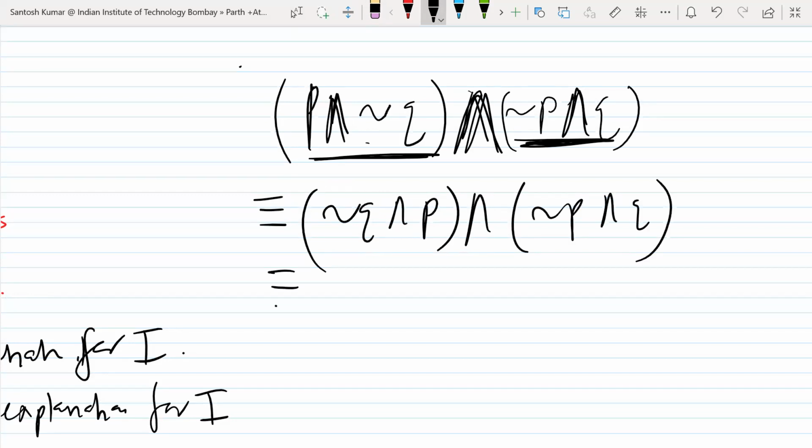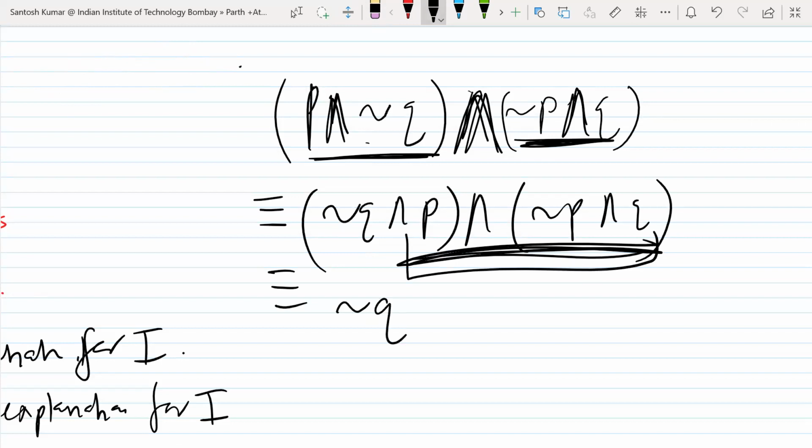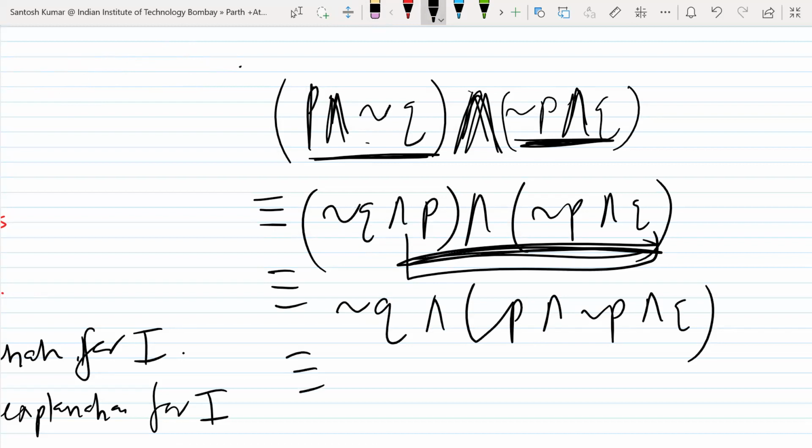Now you apply the associative law. What is the associative law? You know, A, B, C is A, B, C. You can take the bracket on B, C, or you can take it on A. You can take any grouping, all have the same sign. So you take the last three together: not Q and P and not P and Q. So what is P and not P?